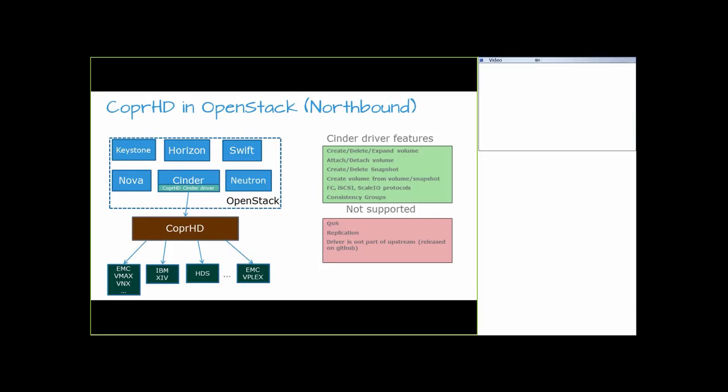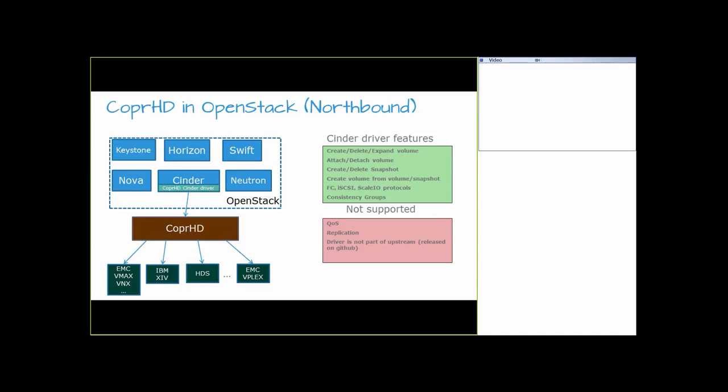And yes, behind the scenes CoprHD is doing all sorts of crazy stuff. That's no different than what he has here, but it is a higher level abstraction. All you're saying is, I'm going to deal with gold storage, and it has some extra specs, and it is using the CoprHD driver. Right, but behind the scenes, I have 500 arrays, and I don't have to deal with that. Exactly, that's what we have.